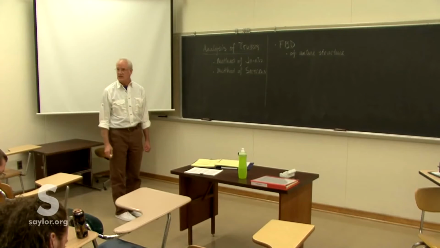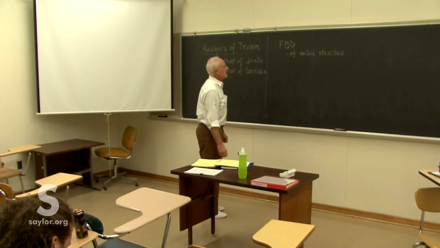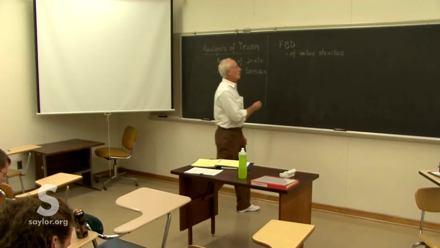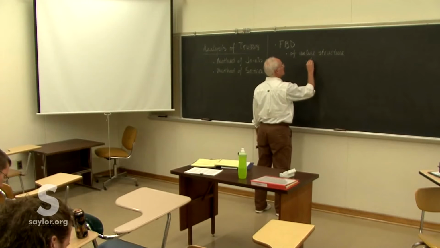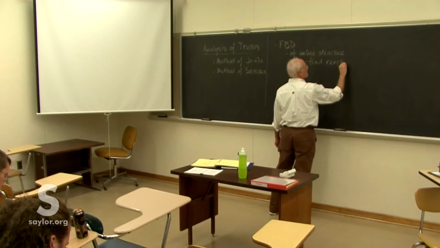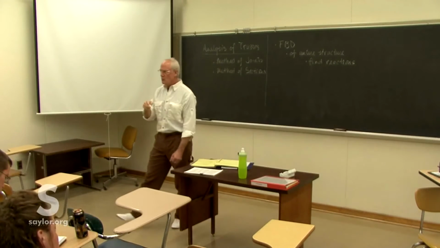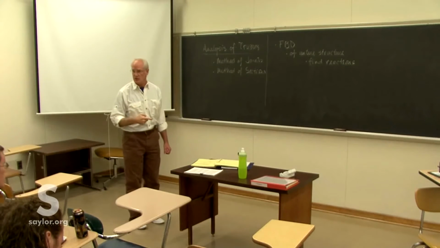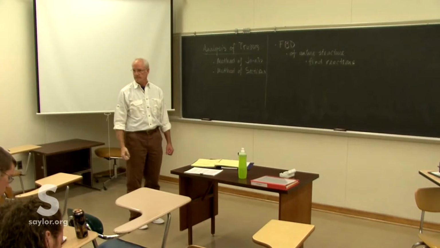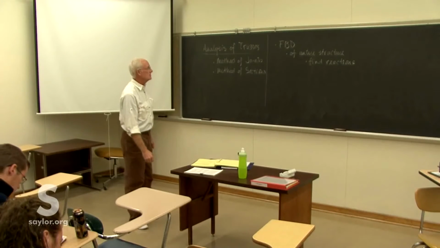You don't need to make this step to get the things that aren't given, usually. Free body diagram of the entire structure. What this is going to do for us is it will find the reaction forces. Remember, those are the forces that support the structure to keep it from accelerating, doing whatever it's not supposed to do in this class.